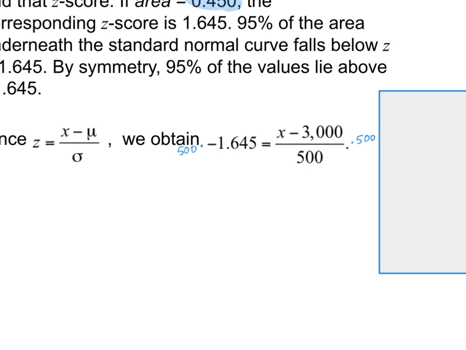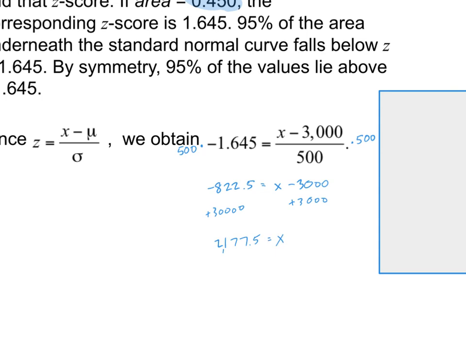That multiplies to give us negative 822.5 is equal to x minus 3,000, and then we add 3,000 to both sides. In my calculator, that gives me x equal to 2,177.5.